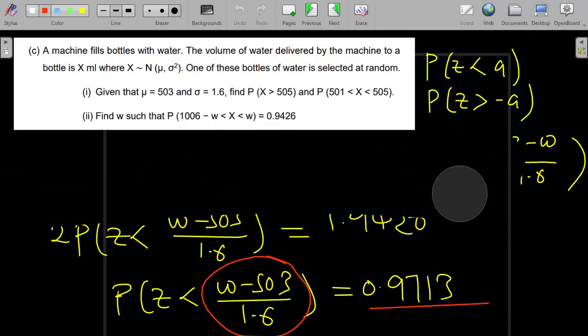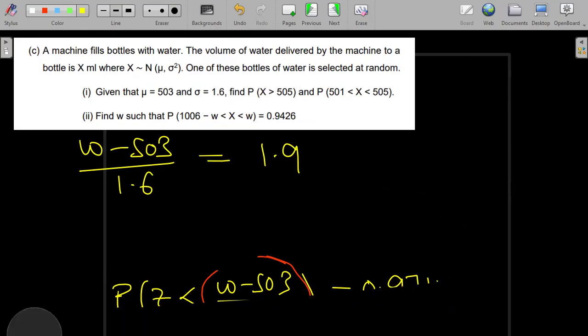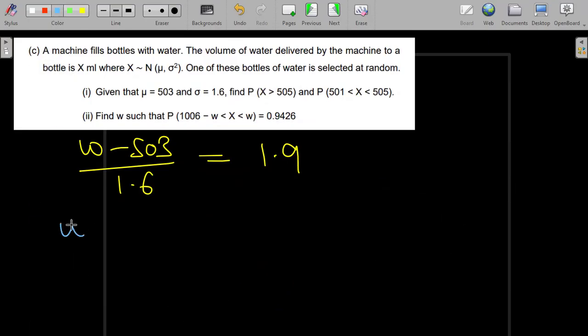Okay, so we can find our W now. We're just going to say W minus 503 over 1.6 is equal to 1.9. Okay, so this is what we have there. So let's multiply: this will be 1.6 multiplied by 1.9. So multiply that on your calculator, 1.6 multiplied by 1.9, it will give me 3.04.